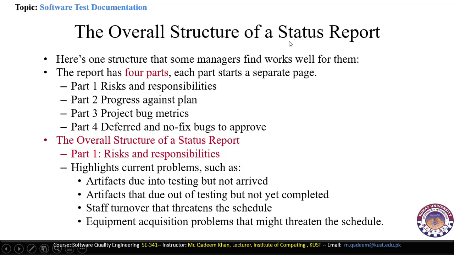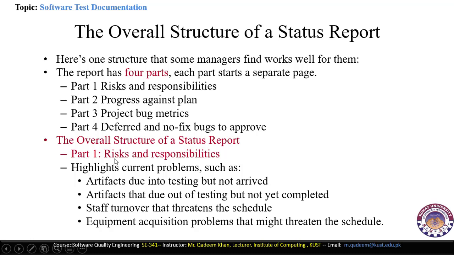Similarly, the progress against the plans, the project bugs matrix, and also different fixed and not fixed bugs, up to approval reports. So there are four parts and each part starts on a separate page. Each and every part should in fact be documented on separate pages.